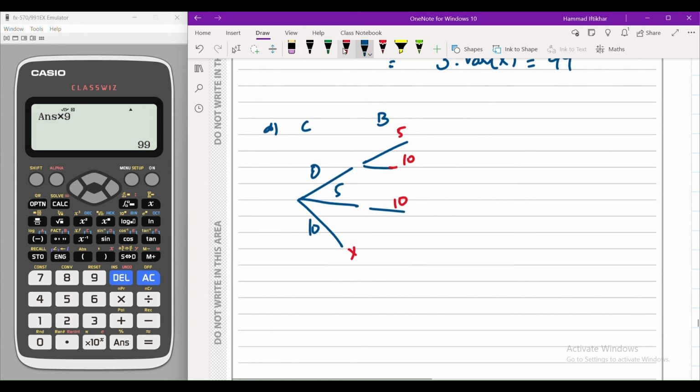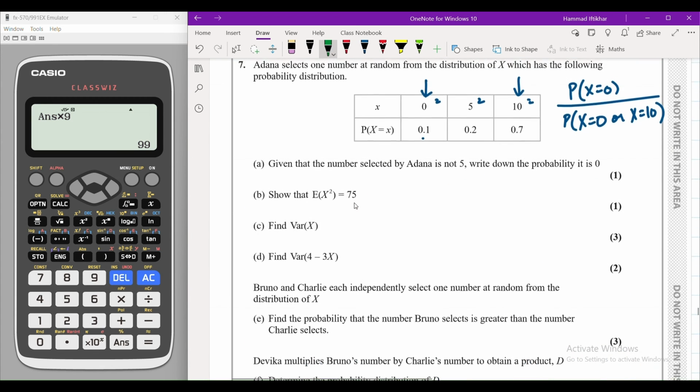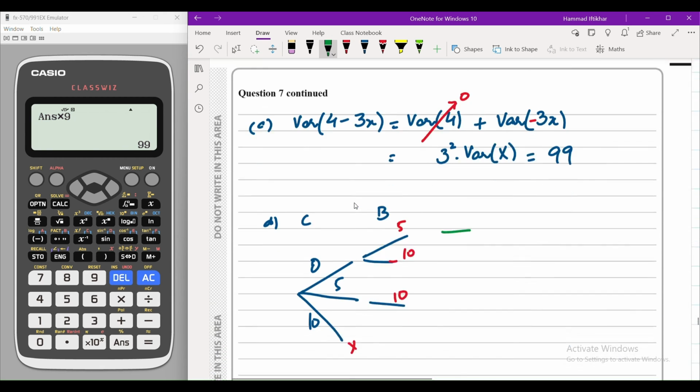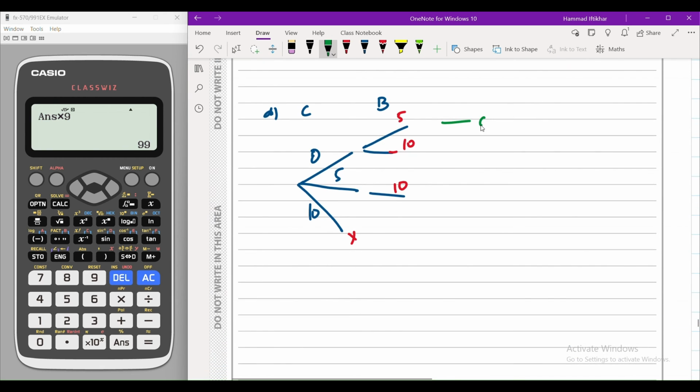So let's add up the probabilities. The probability distribution was 0.1, 0.2, and 0.7. This is 0.1 times 0.7, and this is 0.2 times 0.7.